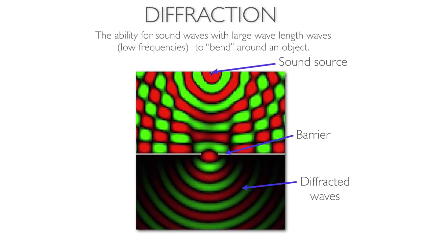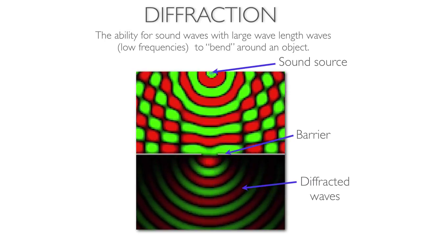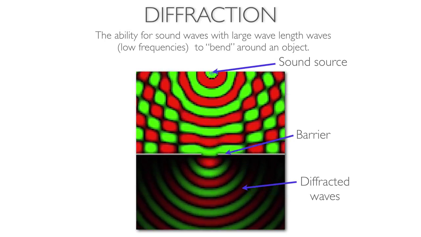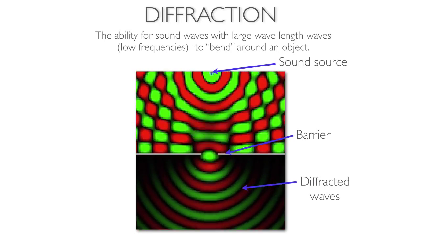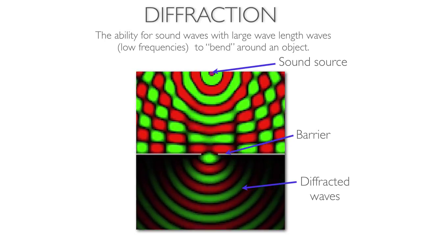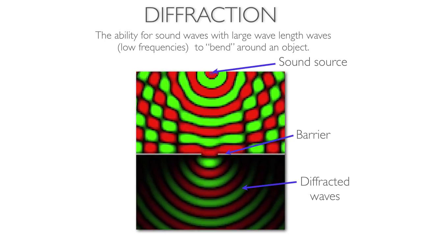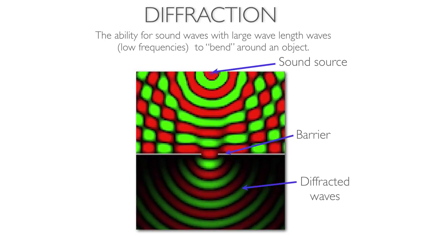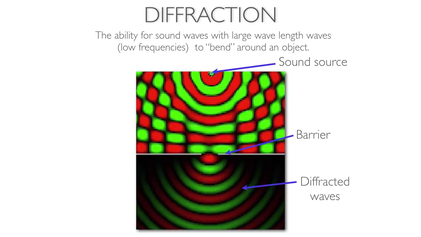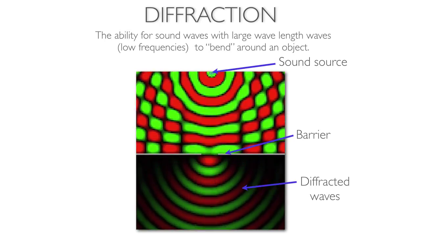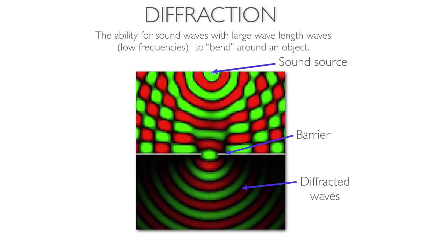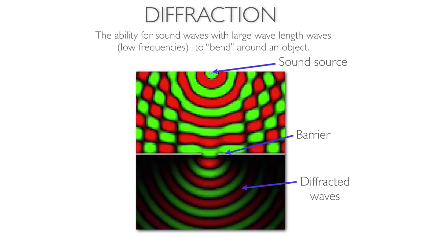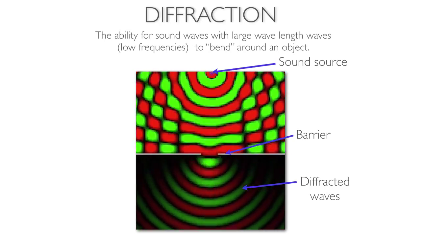Let's talk about diffraction. This is a property of sound waves, and it's interesting because what it shows us is that sound waves can bend around obstacles or surfaces, barriers in this case. But that only happens when the sound wave is large enough so that it's larger than the barrier that is trying to block it.